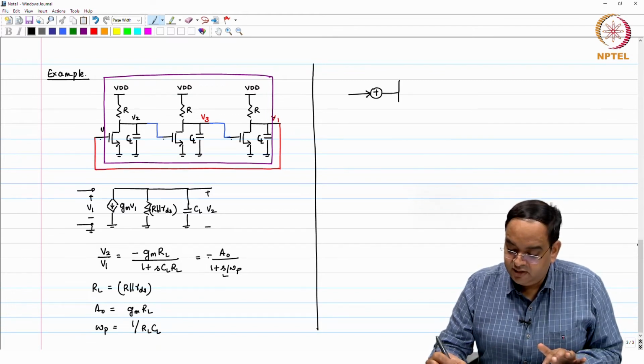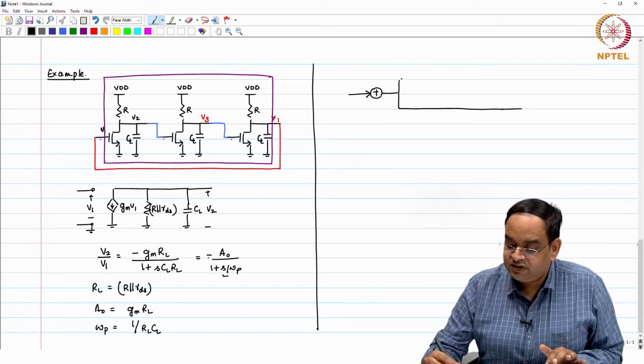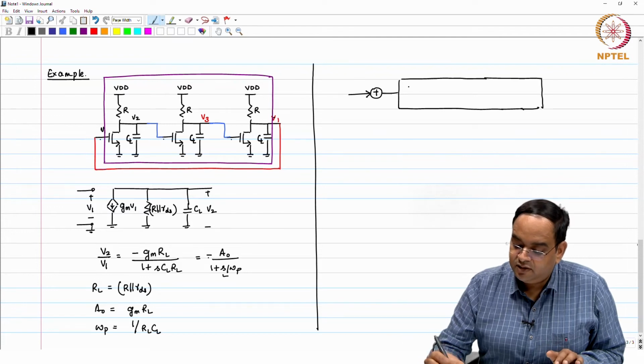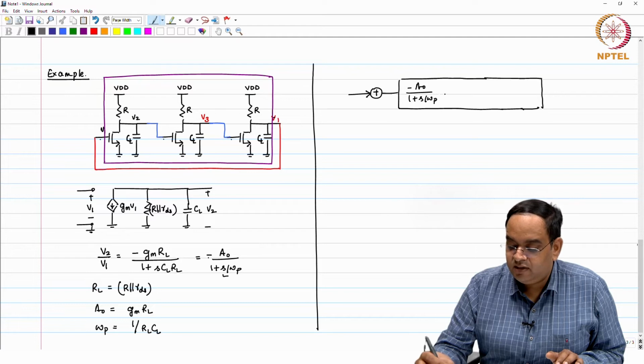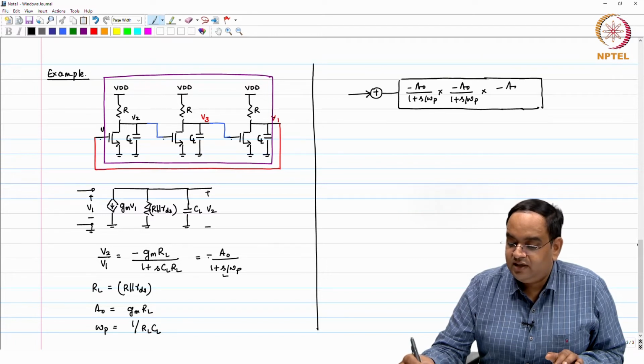So, the gain from the very first stage to the last stage is minus A naught by 1 plus s by omega p, into minus A naught by 1 plus s by omega p, into minus A naught by 1 plus s by omega p.